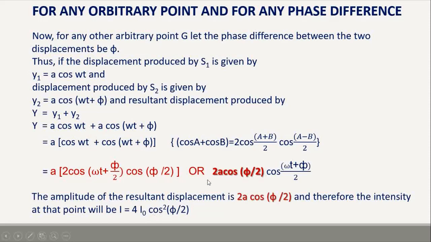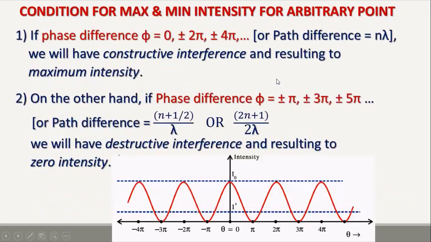But here I am just multiplying this extra term cos square phi by 2, because it's also part of the amplitude. So 4 I naught into cos square phi by 2 is the intensity of the resultant wave. This is a very important expression you should remember, because based on this we are going to get the conditions for maximum and minimum intensity in the second slide.